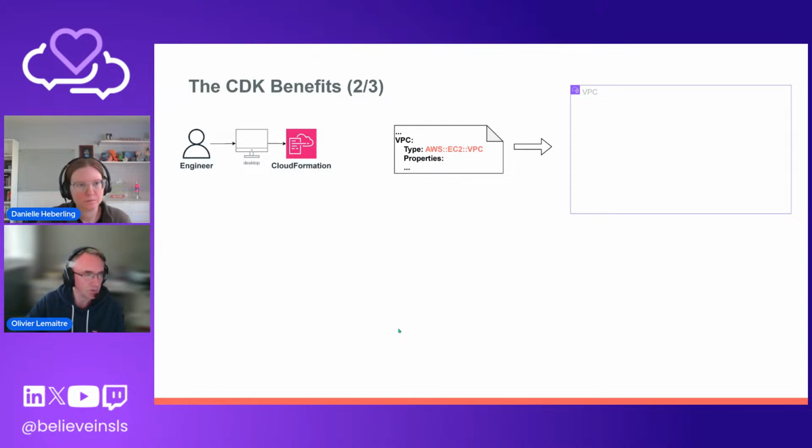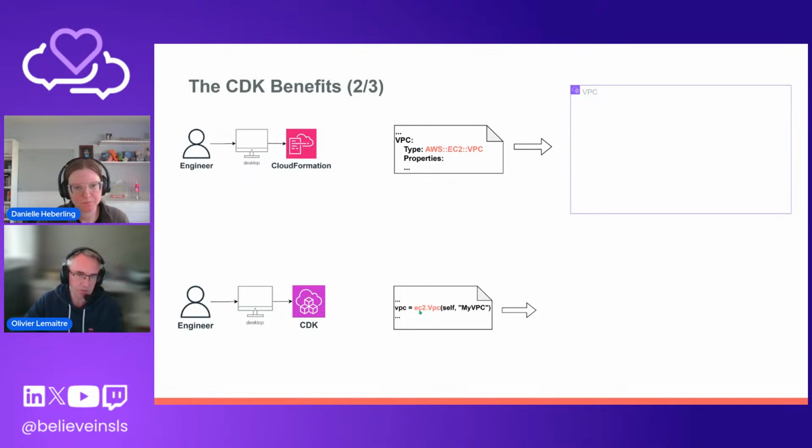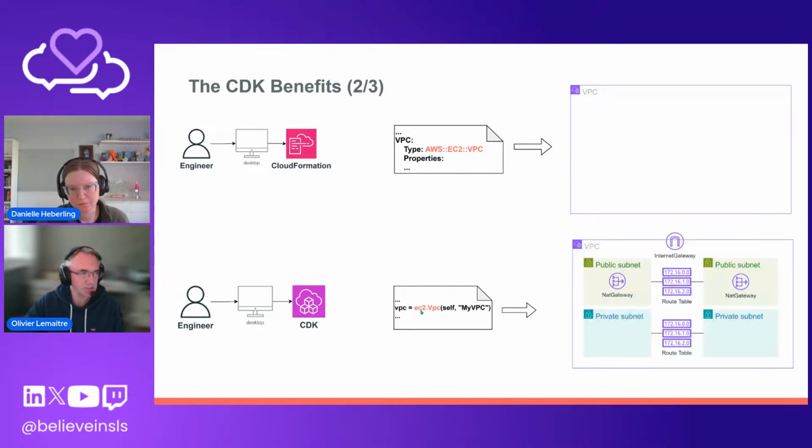No surprise here. But when you're working with the CDK and you want to create a VPC with some Python code, it will create a VPC, but also the public subnets, the route tables, everything that you need to start an application in your VPC.